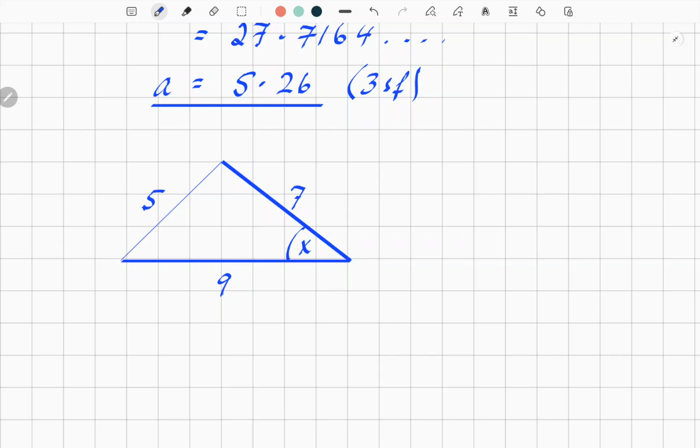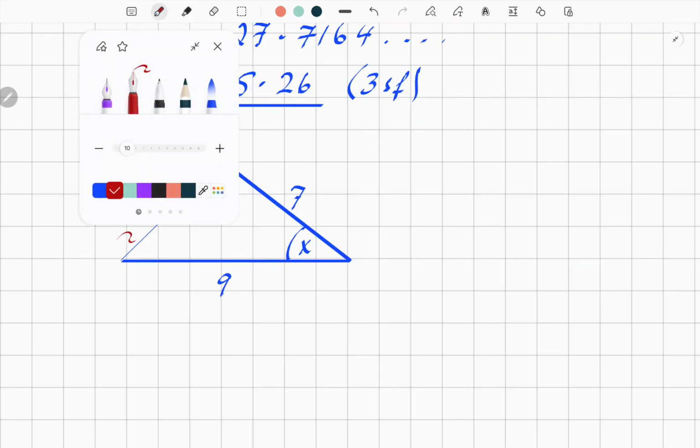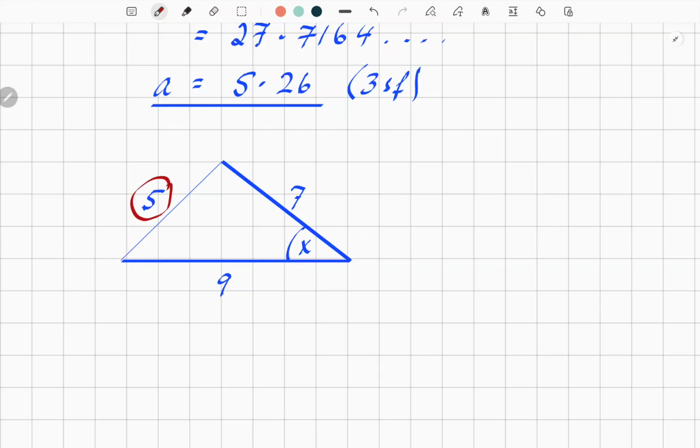So the way to set it up, remember the 5 is the one related to the x. We're going to set up our original formula as we know: 5 squared is going to be 7 squared plus 9 squared minus 2 times 7 times 9 cos x.